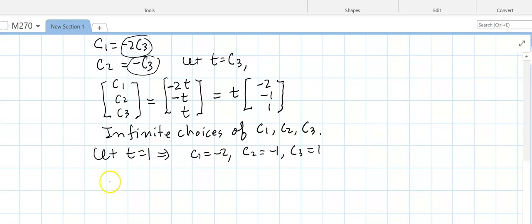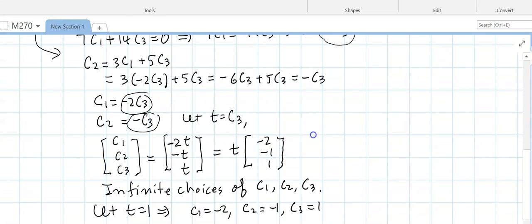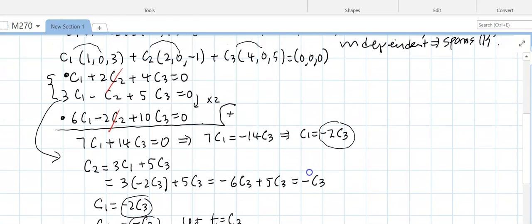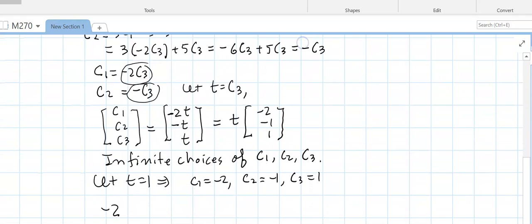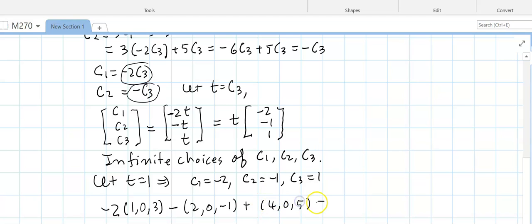Then what happened? -2 times V1, which is (1, 0, 3), minus V2, which is (2, 0, -1), plus 1 times V3, which is (4, 0, 5), equals 0.